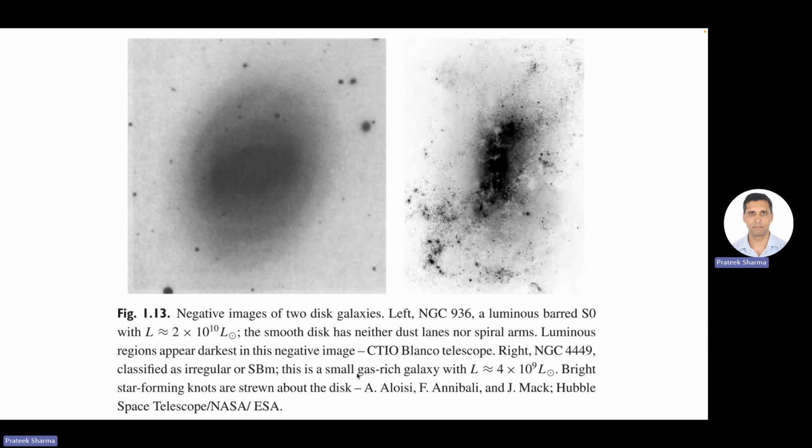It can actually be right after a starburst event, perhaps due to a merger or some sort of interaction with a nearby galaxy. And these are star clusters, young stars which have just formed very recently due to these interactions.